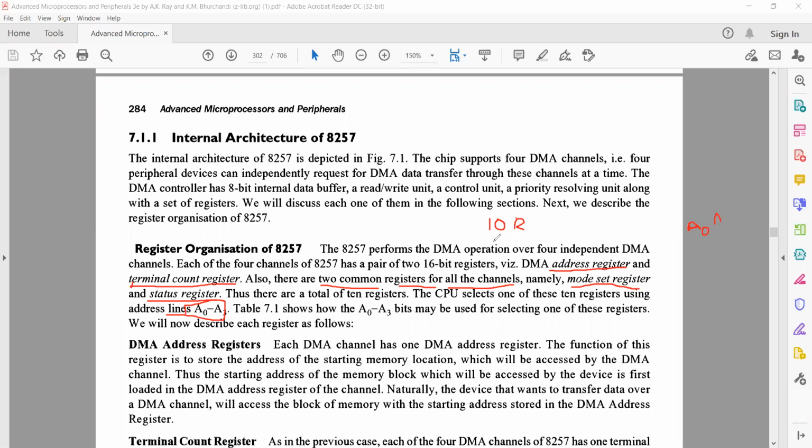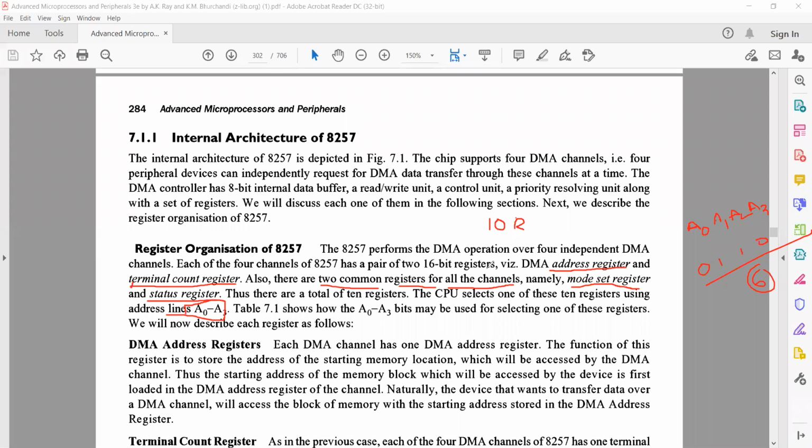So from A0, A1, A2, and A3, suppose the values are 0, 1, 1, and 0. What is the value here? This is 6. Based on this value, one of the registers will be selected.